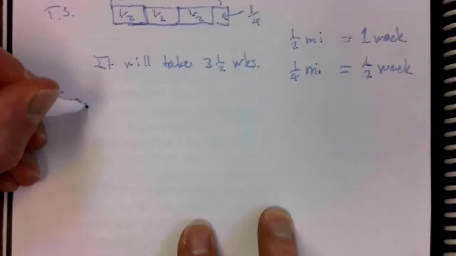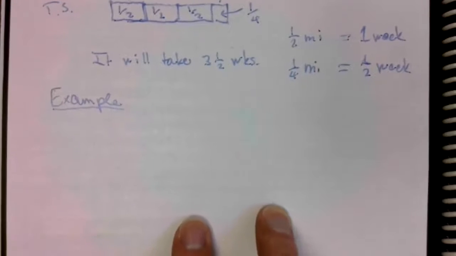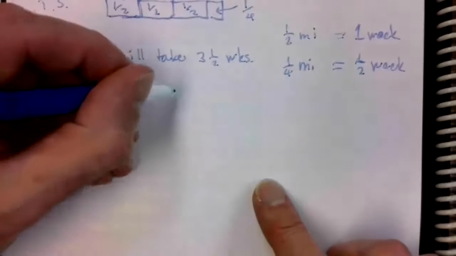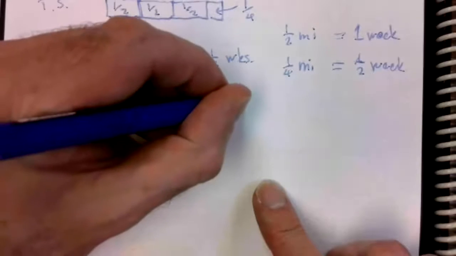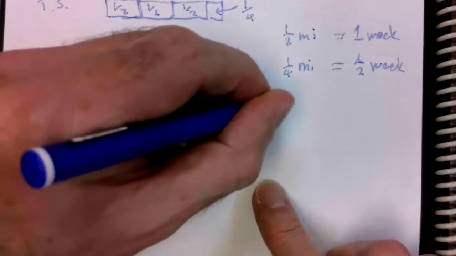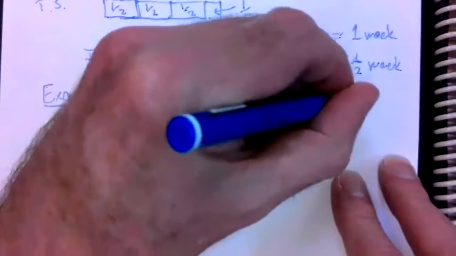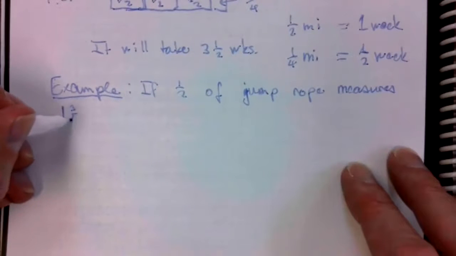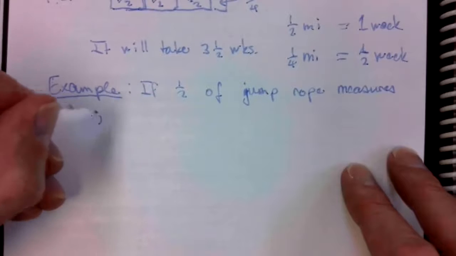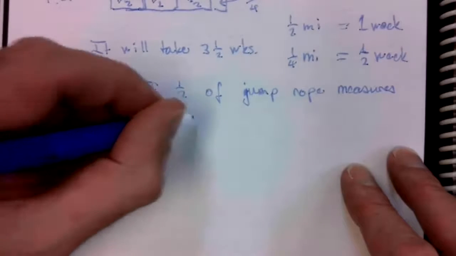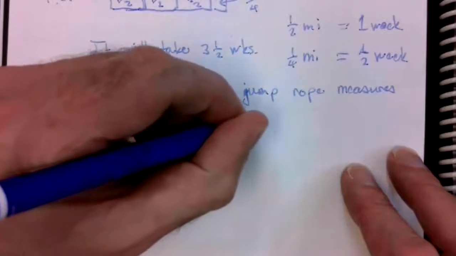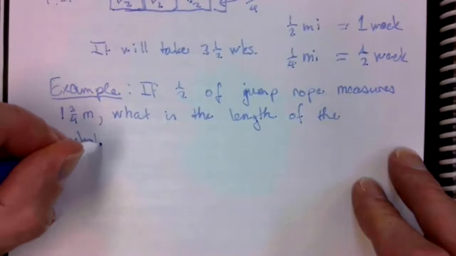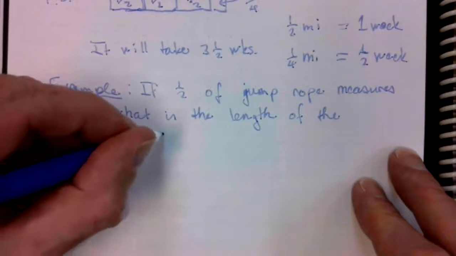Here's another example. If 1/2 of a jump rope measures 1 3/4 of a meter, what is the length of the whole rope?